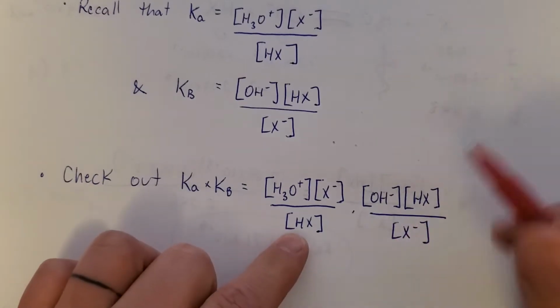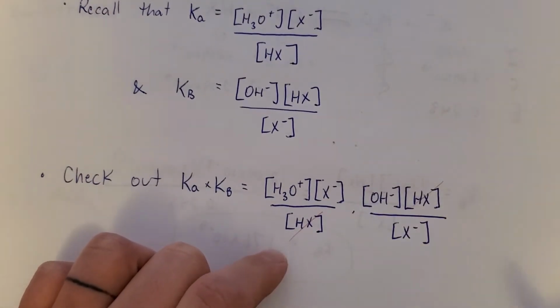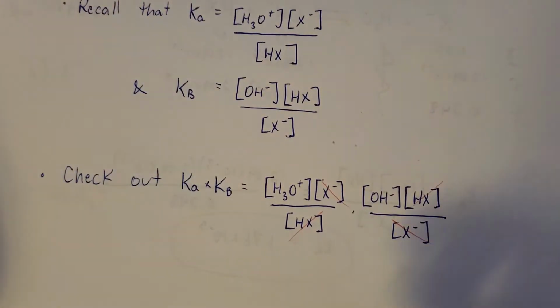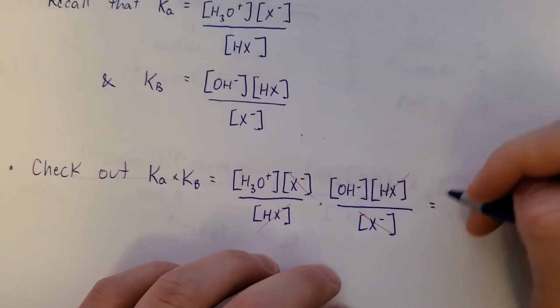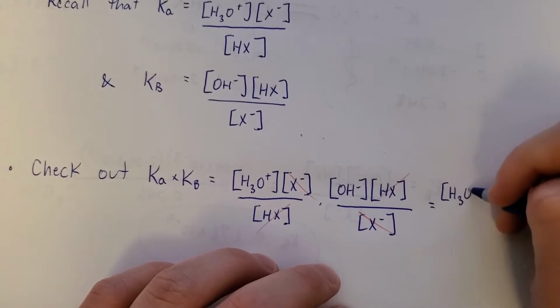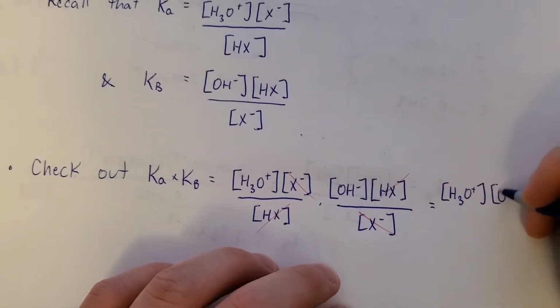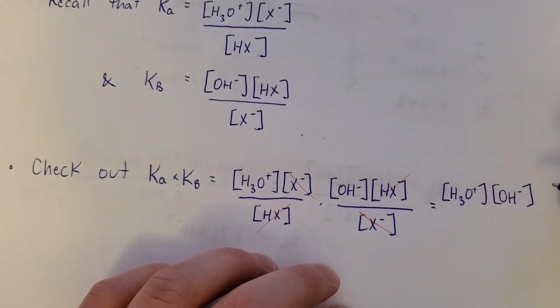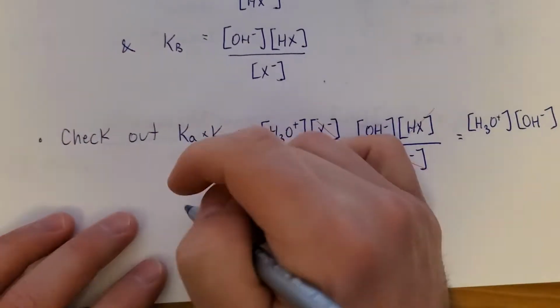Check it out, the HX's cancel off, the X minuses cancel off, and we're just left with hydronium times hydroxide concentration. Do you guys recognize that? This is cool.